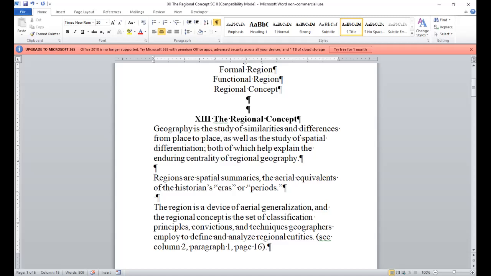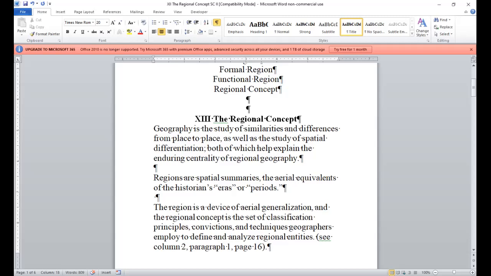And in regions, as we've talked about several times before, there are spatial summaries, an areal equivalent, as I see it, of the historian's epochs or periods. Or another way to flip it around: the historian starts with epochs and periods for their study to springboard off of that.